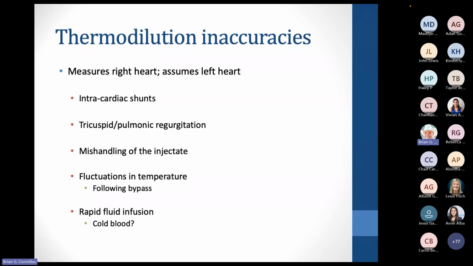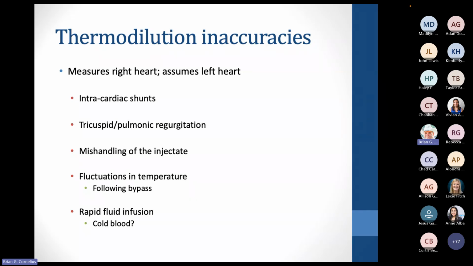Then there's mishandling the injectate: if you don't inject consistently, you may not get effective temperature monitoring. Part of that is person dependent. I inject it one way, Haley injects it another, so that can lead to problems as well. And a lot of times, if you go back and look at cardiac output values in somebody with a PA cath from one shift to another, you will notice variations there.